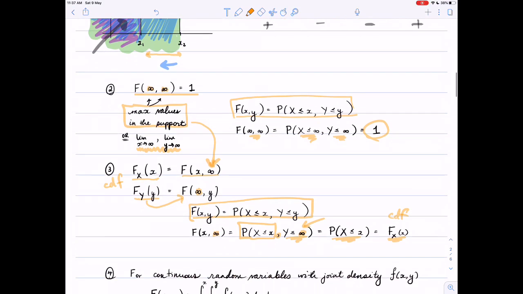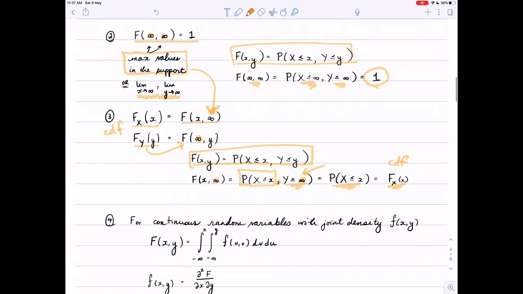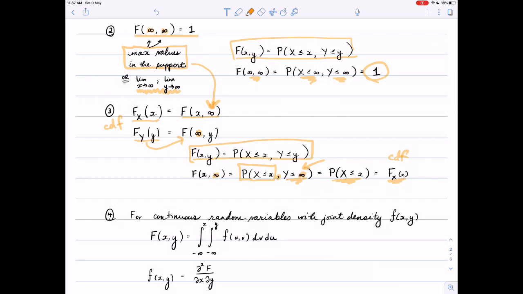So next property, and last property, for continuous random variables with joint density function f sub X,Y.